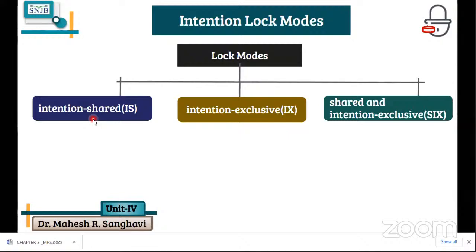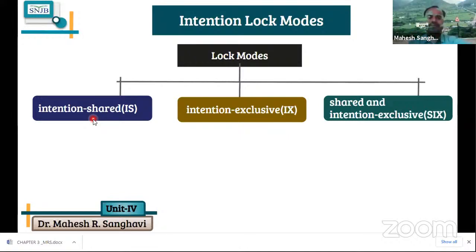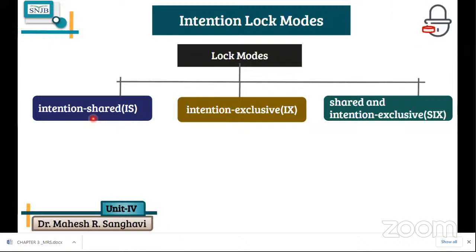I hope you all remember the two types of lock modes I have discussed, shared mode and exclusive mode, that is S and X. Now there are three more types: intention shared, that is IS, intention exclusive, that is IX, and the combination of both, shared and intention exclusive lock mode, that is SIX.